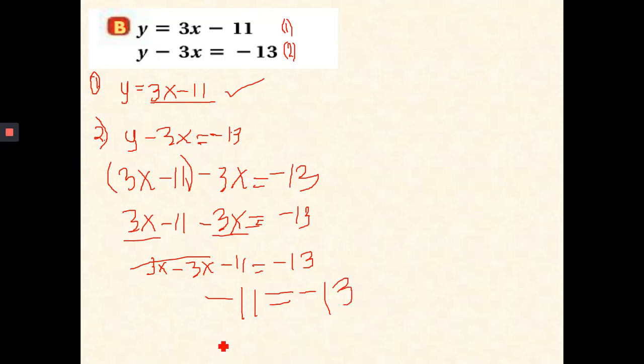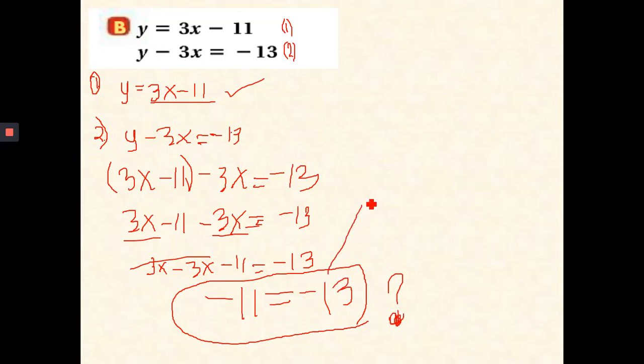Is there any variable left on the equation? None. Is negative 11 equal to negative 13? No. Okay? So if you will come up with this kind of equation, since negative 11 is not equal to negative 13, therefore, the system has no solution.